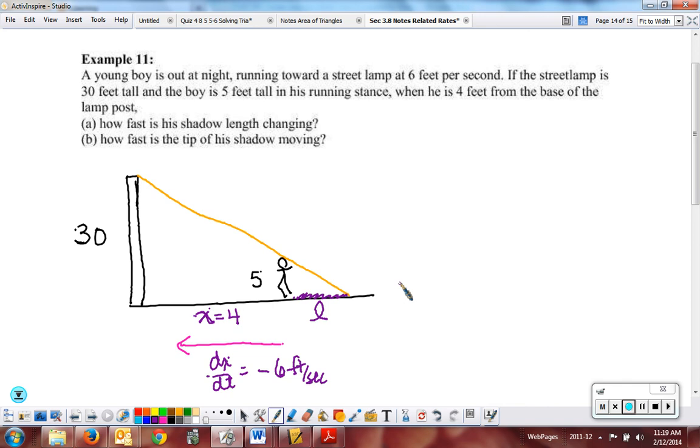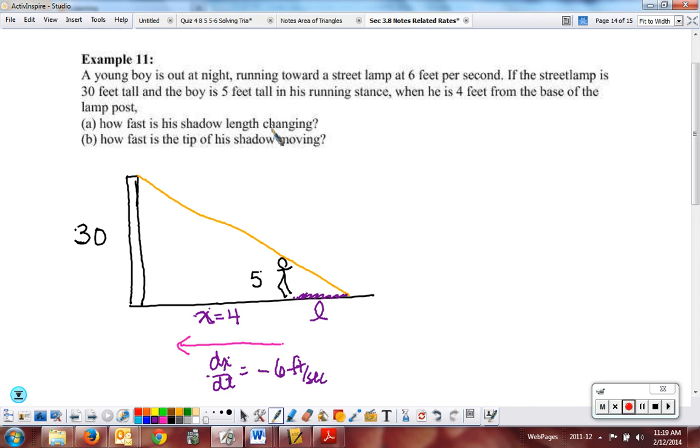Why wouldn't it be dv? Well, it is a velocity itself. It's not the change in velocity. It's his change in position. X is like his position function. Dx dt is his velocity function.